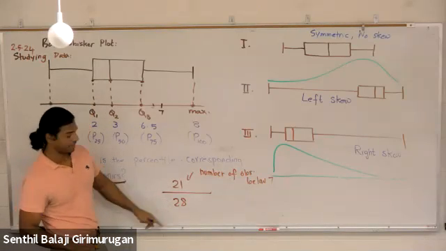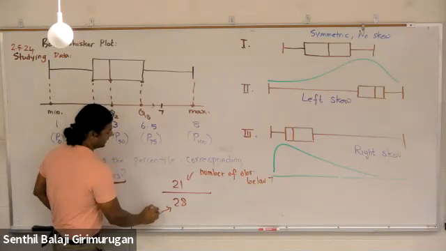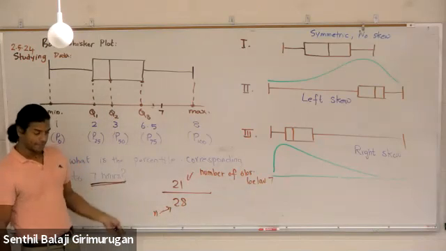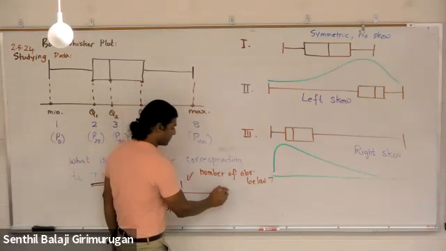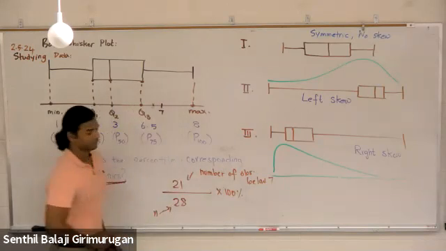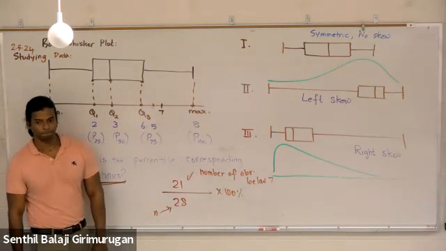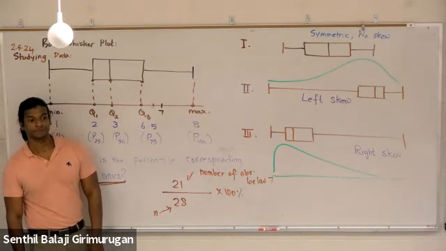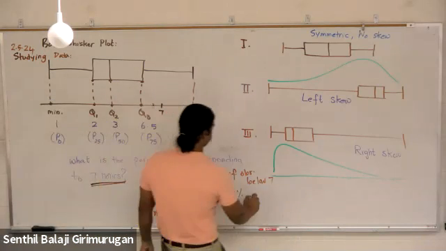Total number of observations, the sample size, is 28. Divide and multiply by 100%. What do we get? 75.